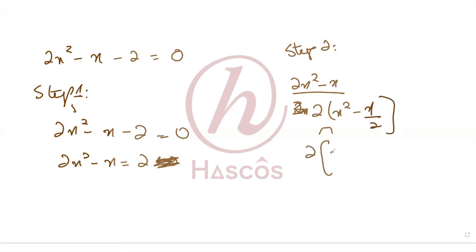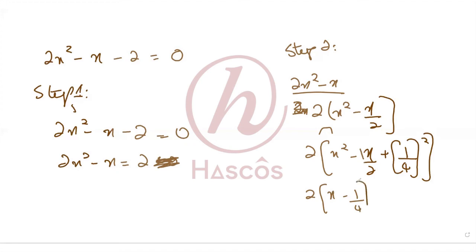And we know that we need to add 1 upon 4 whole square, because that is the half of the coefficient of x. Now that is 2 bracket x minus 1 upon 4 whole thing square when converted into the identity.